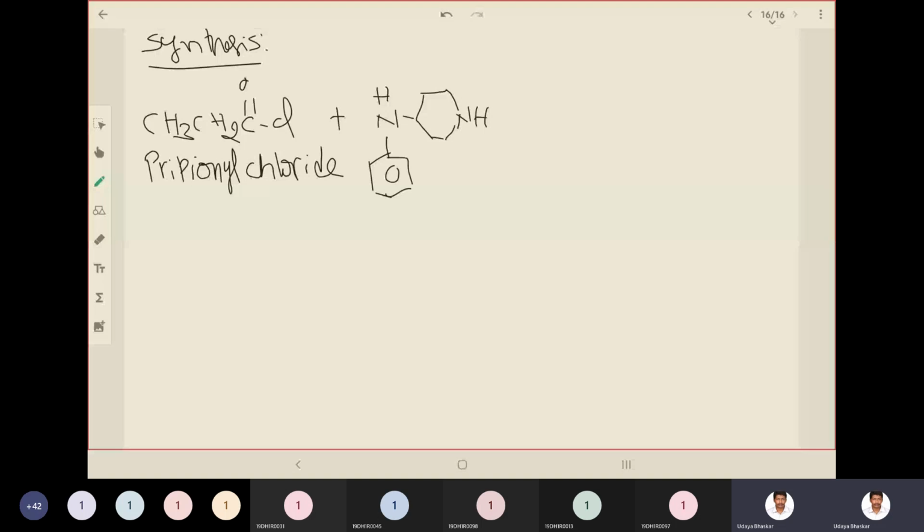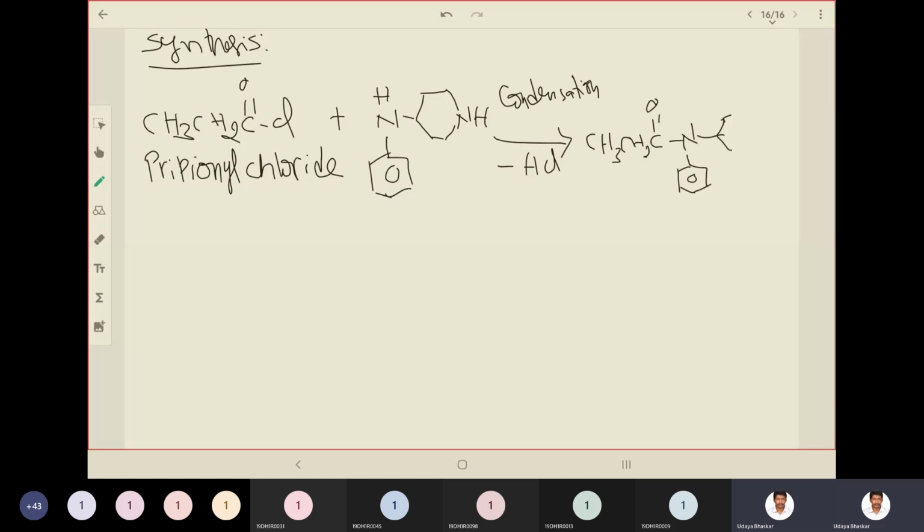Then both are condensed. A condensation reaction takes place. What happens? A molecule of hydrochloride will be leaving. So both will get condensed. CH3, CH2, C double bond O, N. This is a phenyl group.